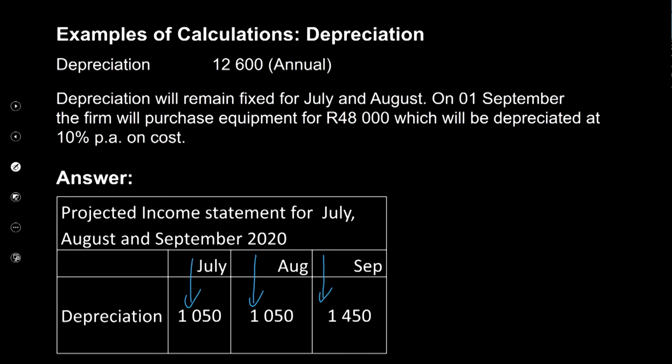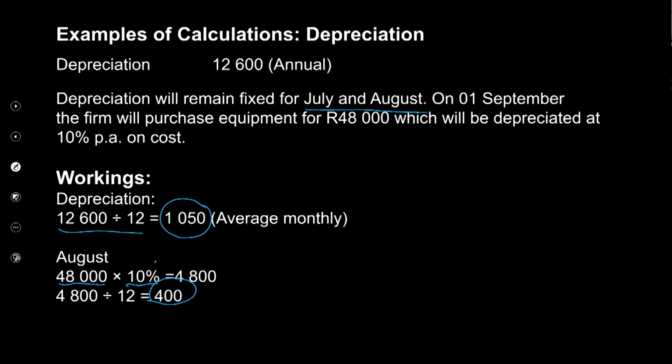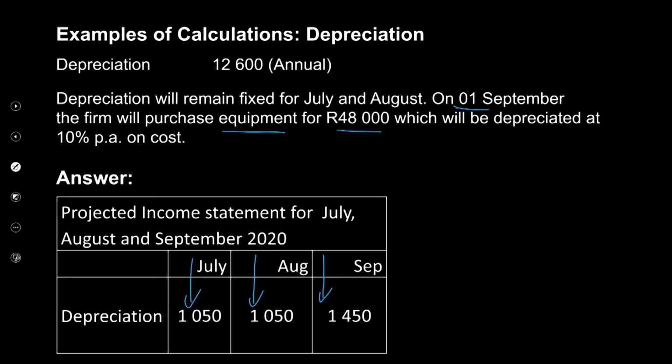Here you can clearly see that on the 1st of September is when we bought the new equipment for 48,000 Rand, which resulted in an increase of my depreciation of how much? Let's look at the calculation again. Remember, the new equipment's depreciation was the 400 Rand. Therefore, you add the 400 Rand and you get your new depreciation figure of 1,450.